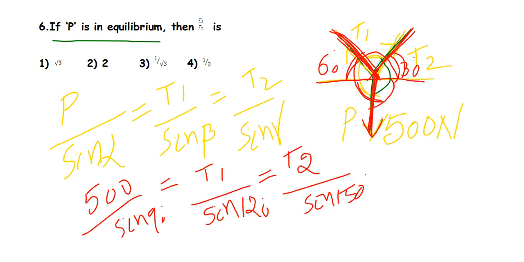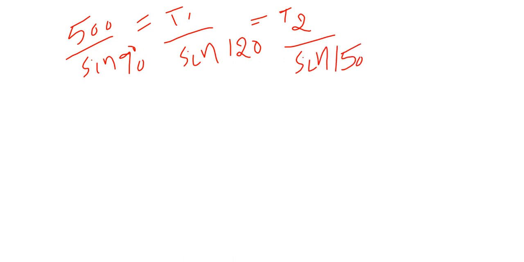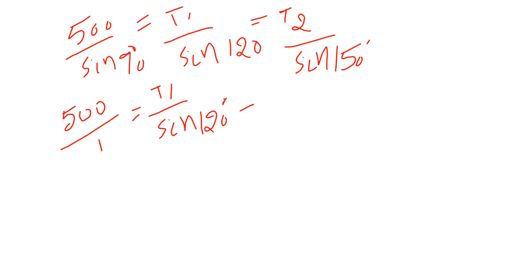So 500 by sin 90 is equal to T1 by sin 120 and T2 by sin 150. Sin 90 value is 1. T1 sin 120, so T1 is 500 into sin 120.